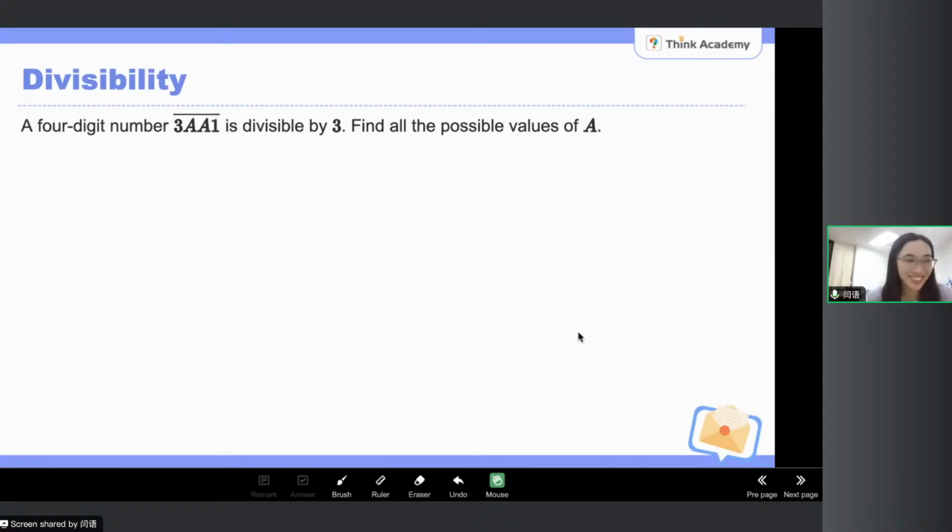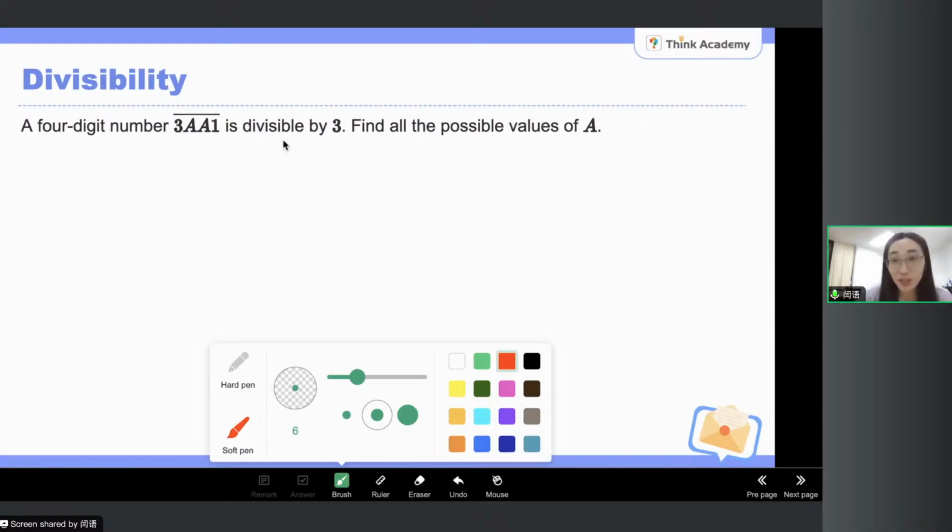Are you sure? Can you find more? Oh, so many. Suddenly, some students got 1, some students got 4, some students got 7. Okay, some students got 6. Can you find more?